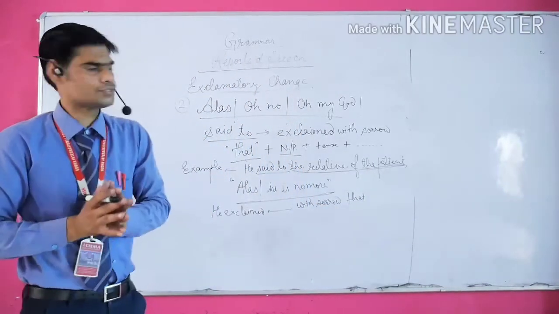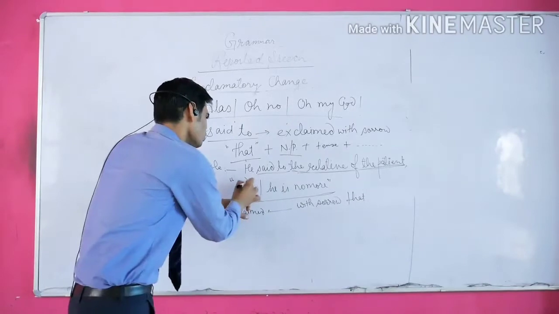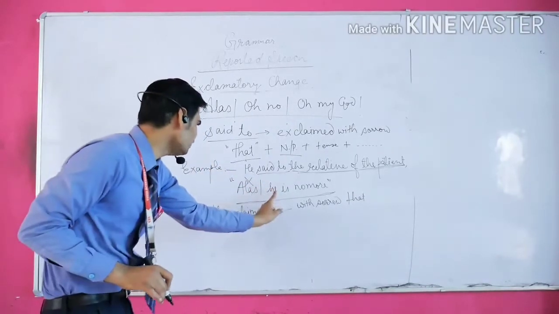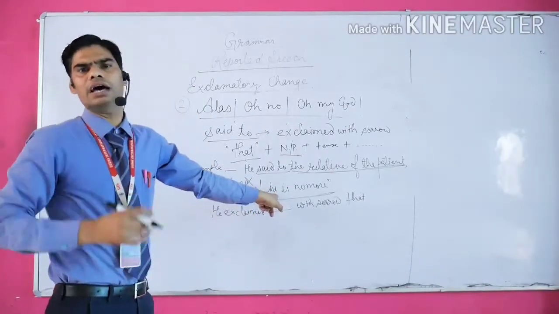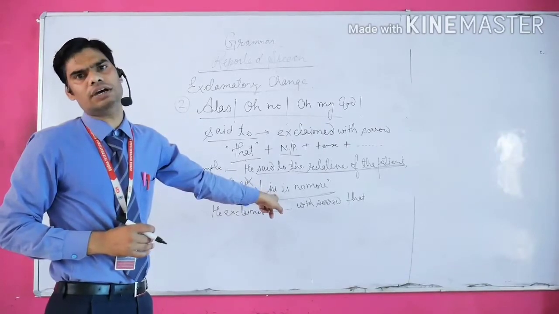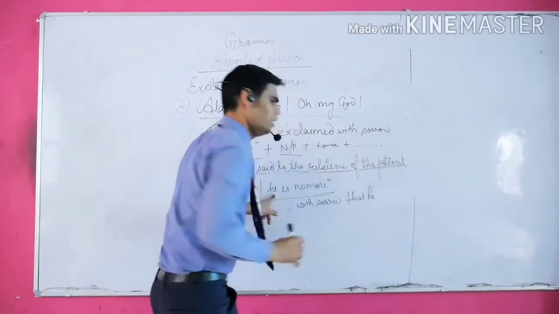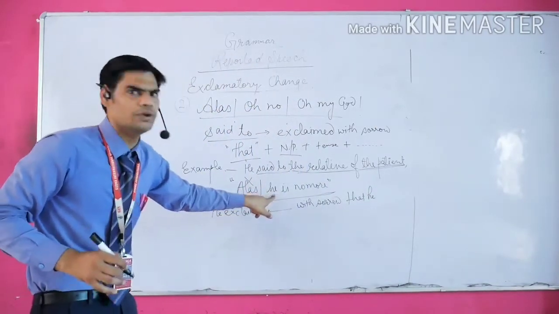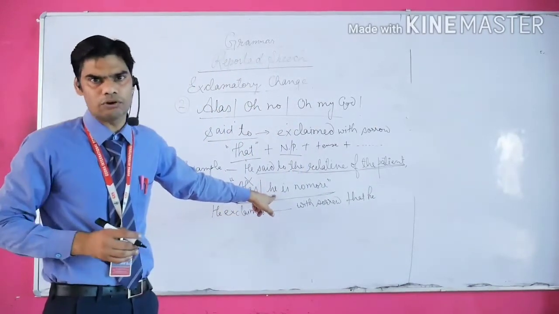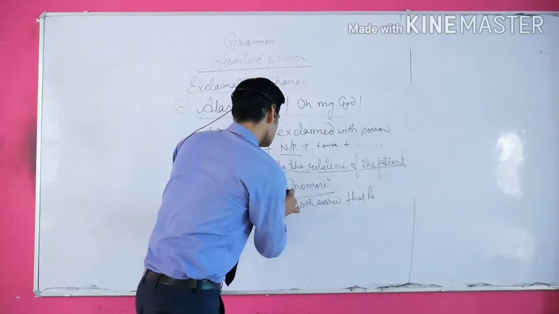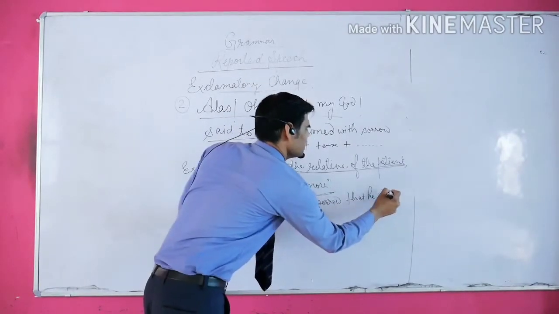Okay, after writing this, look here, alas we will remove. And what we have here is he, a third person, and third person will never change, so we will write he. If we have I or you, we will change it, we have already discussed that. Is we will change to was, as we talked about in tense change.